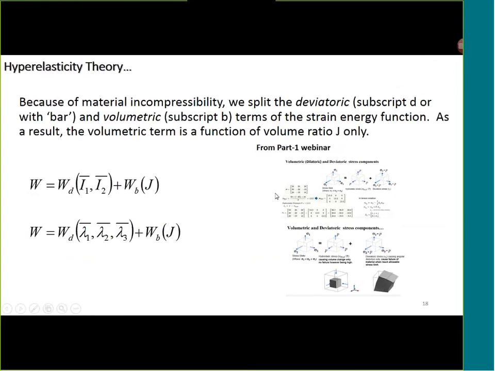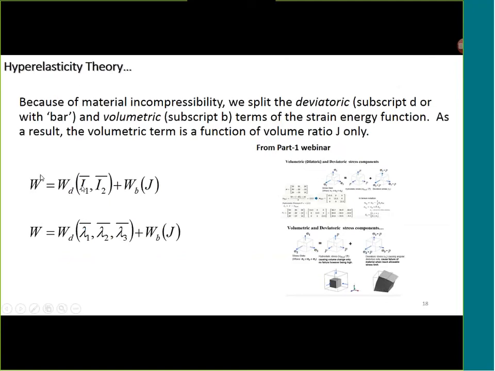So again, when we are dealing with incompressible materials or nearly incompressible materials, we have discussed the importance of separating the deviatoric component and volumetric component in part 1 of this webinar. The same logic is maintained in the material formulation level as well.